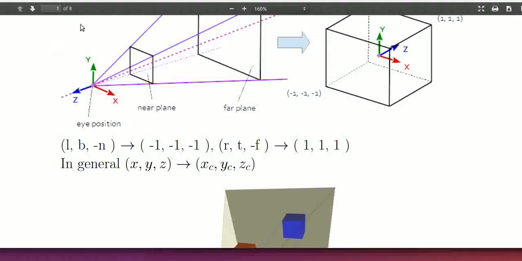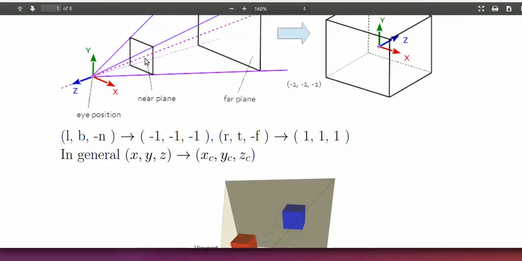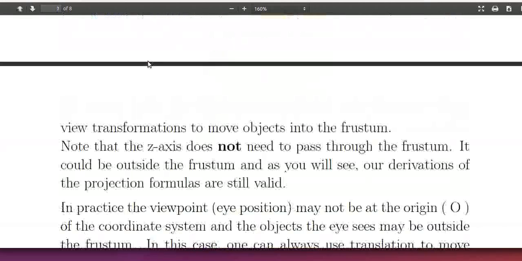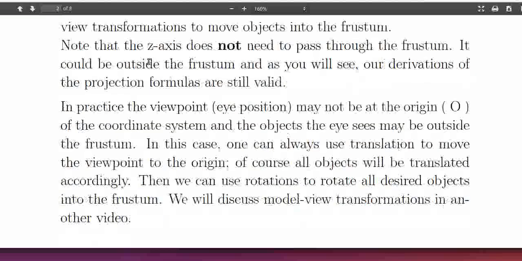Then the eye may be looking in a certain direction, and the object is not inside the frustum. We can use rotation to rotate the object into the frustum, so that it will be projected. We will discuss model view transformations in another video.